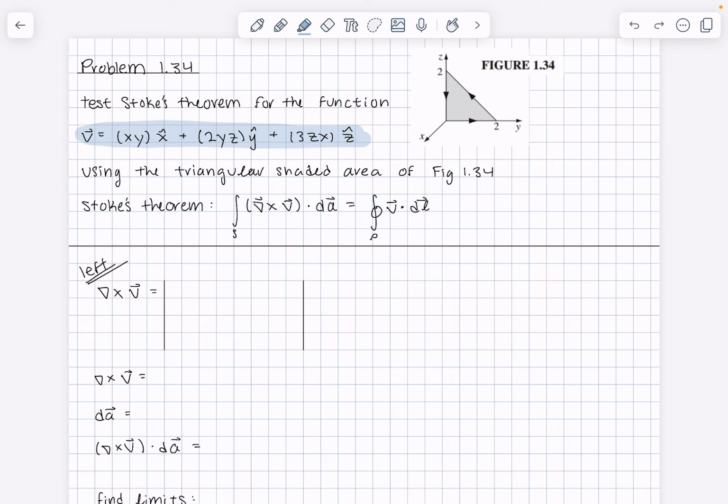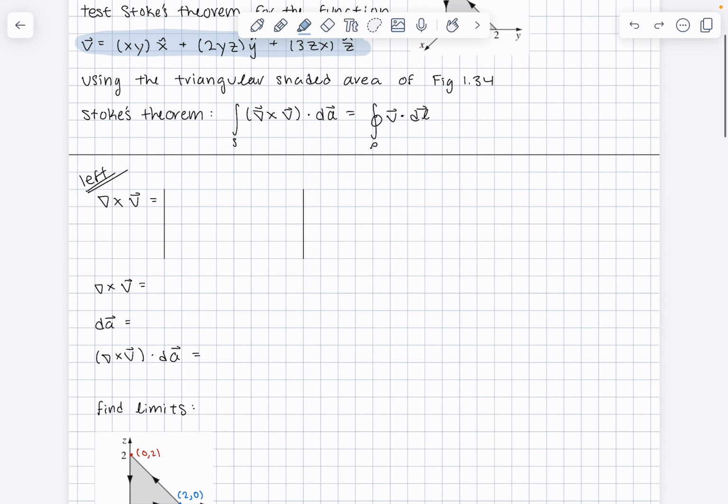To start off, we'll be focusing on the left-hand side of this theorem. So first we're going to want to just take the curl of v, which is this part of the equation right here, and then after that we'll take the dot product with dA.